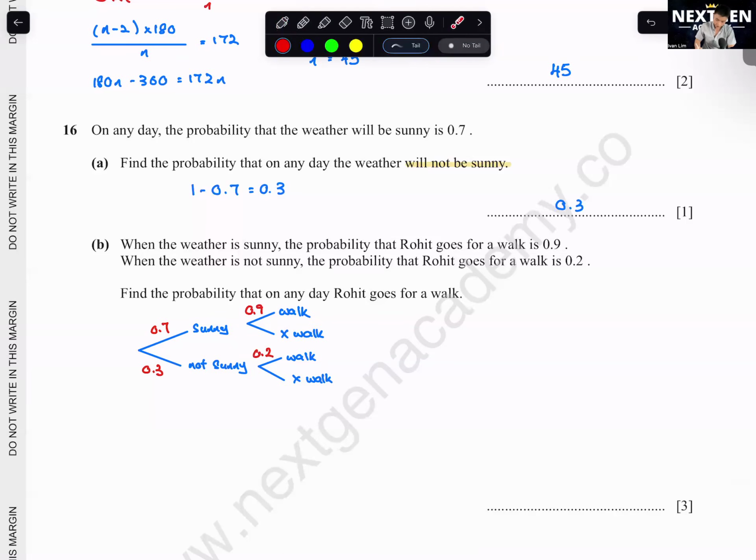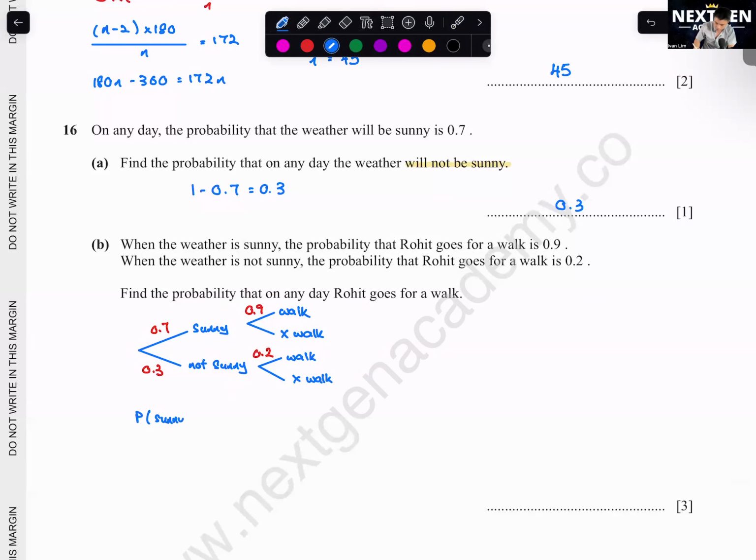Whenever you draw it like this, when you see a tree diagram, I want you to remember horizontally, for the calculation, you will take these two values to multiply. But vertically, you have to add with each other. Okay, so this is the condition.